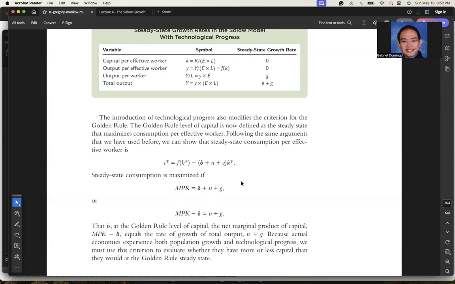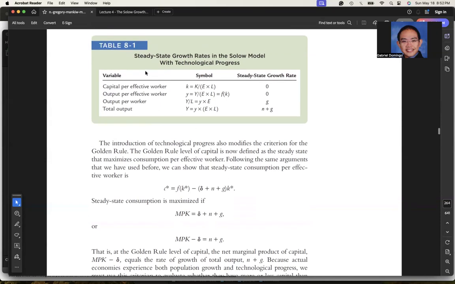Okay, this table 8-1 is super important. It summarizes everything that we know about the Solow model. So capital per effective worker, which is small k, which is big K over E times L. At the steady state, your delta K is 0, and therefore the growth rate of your K is 0.